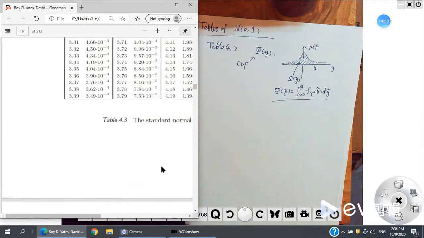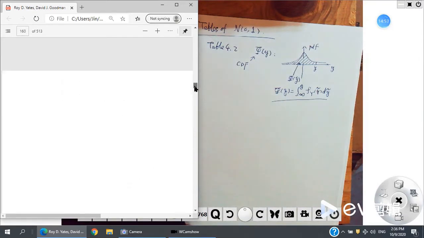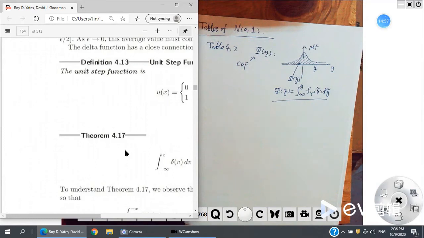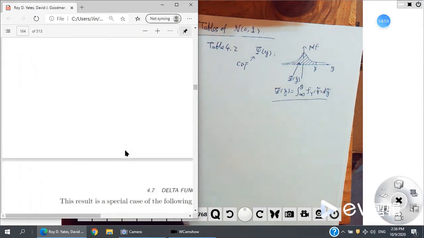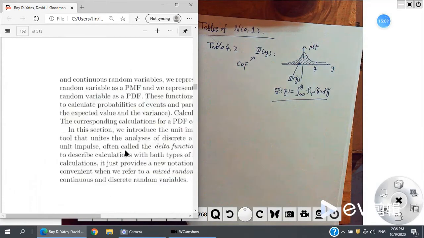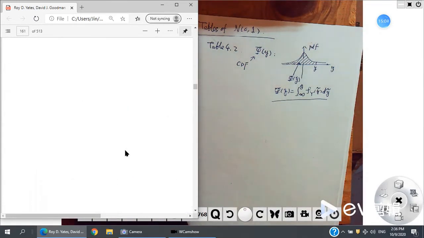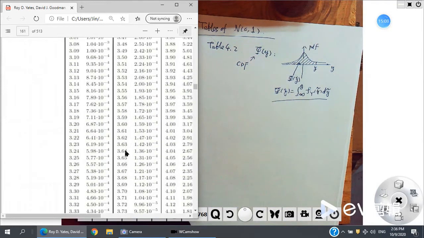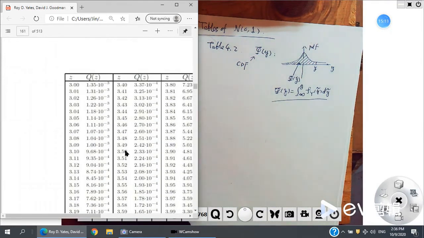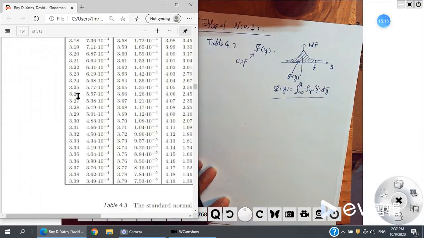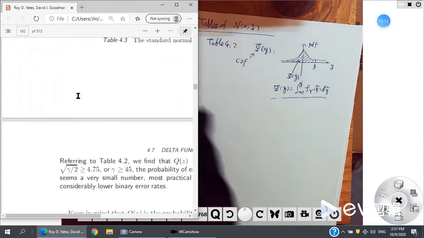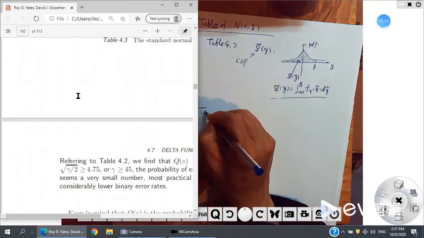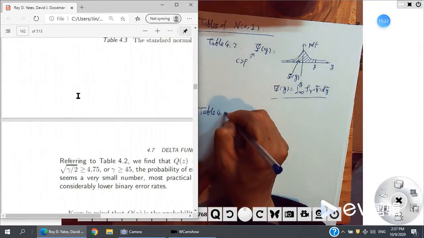This is also two columns. Also two columns. So this is table 4.3.